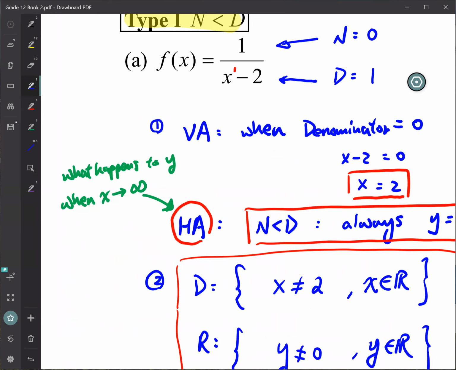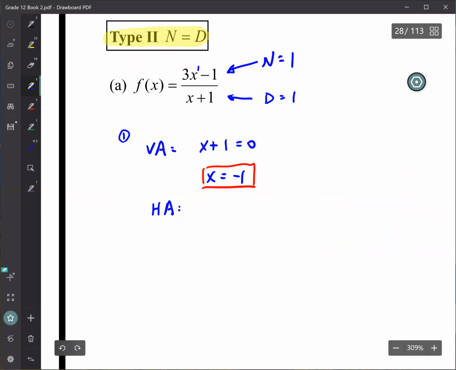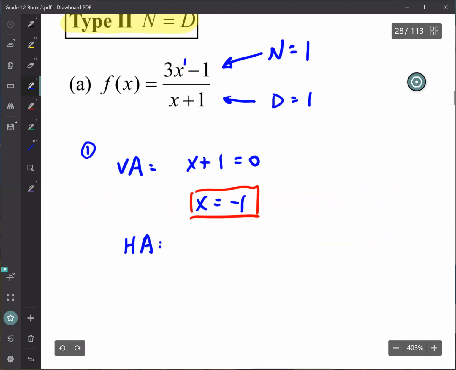We'll look at the right side. Okay, so if x gets bigger and bigger, let's say if x is 1,000, I would like you guys to try, take out your calculator, sub in x equal 1,000 into the function, okay? When you got the answer, please raise your hand.